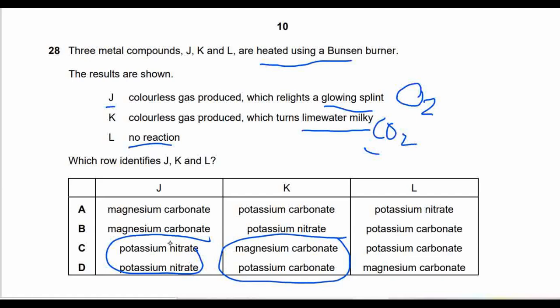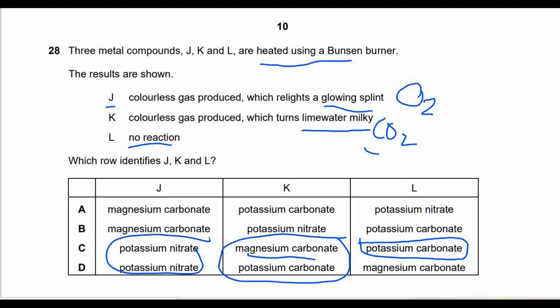So for question 28, we have to remember that magnesium carbonate decomposes more easily when it's heated, while potassium carbonate is unreactive, stable even when it's heated using a Bunsen burner. This is something to keep in mind.